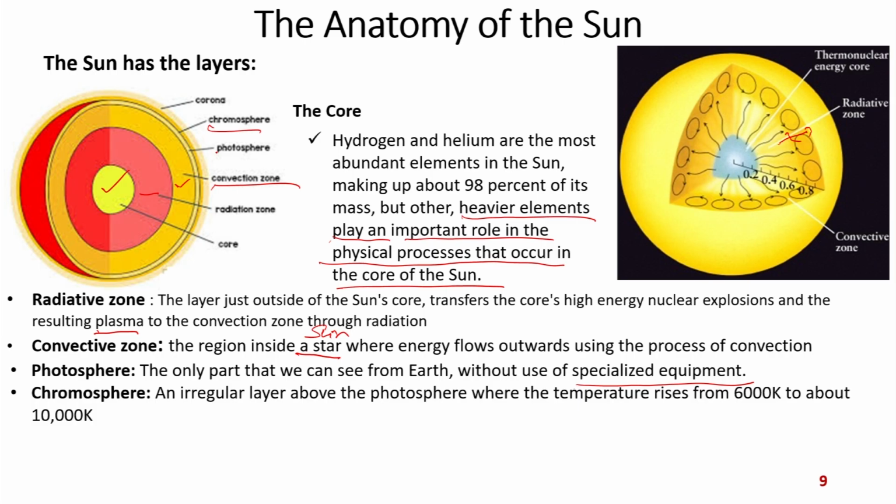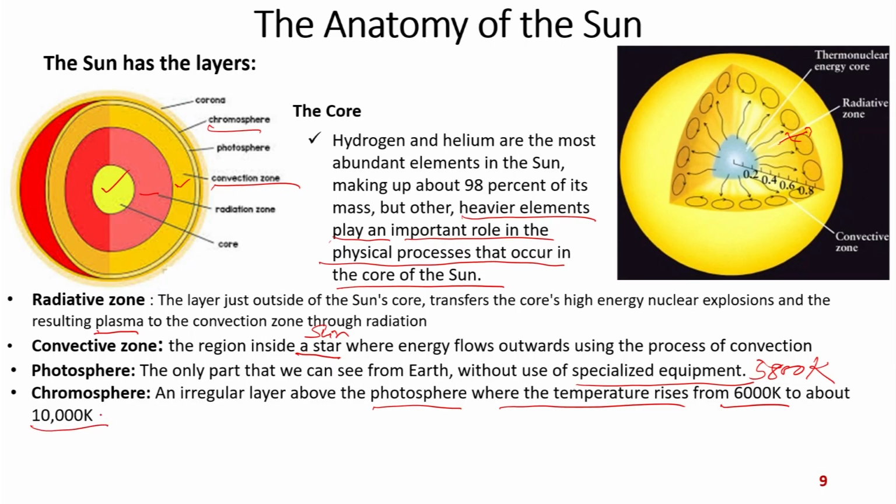This is an irregular layer above the photosphere, where the temperature rises from around 6000 Kelvin, or something like 5800 Kelvin, to about 10,000 Kelvin.